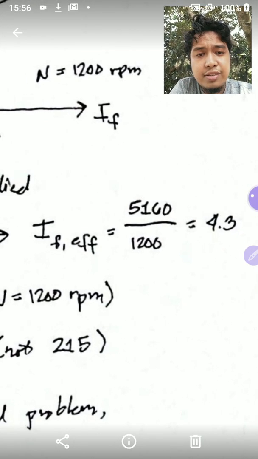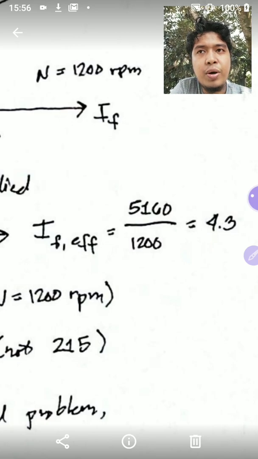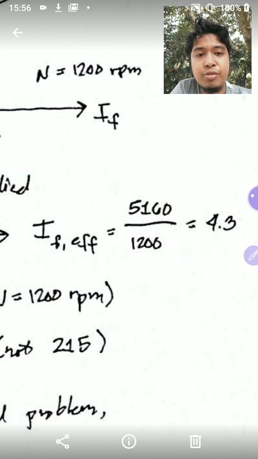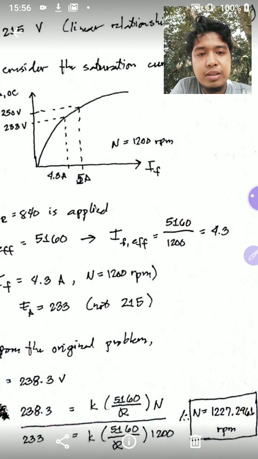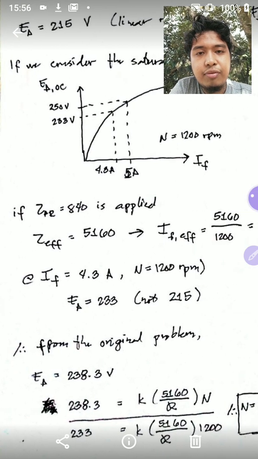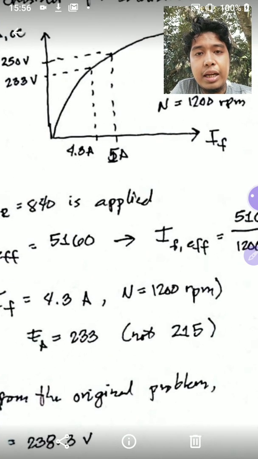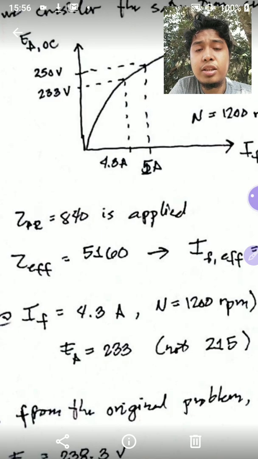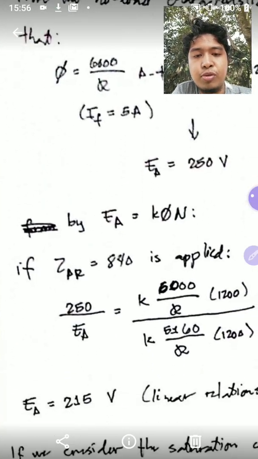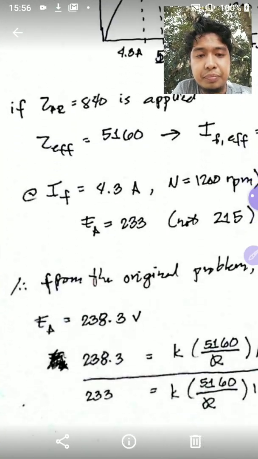This 4.3 is just because you want to represent that counter magnetic field in terms of current. And using the saturation curve, at 4.3 amperes, the induced voltage at the armature is 233 and not 215.